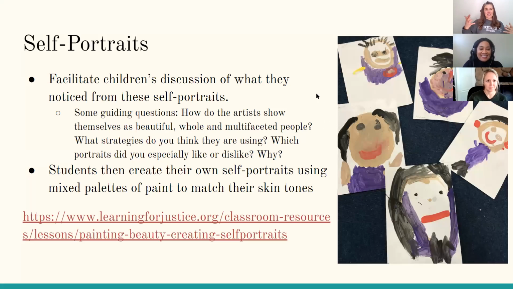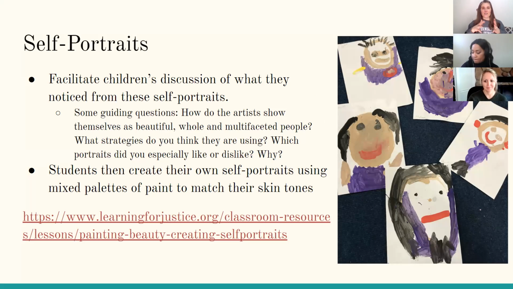Once the kids are looking at these, which portraits did you like or didn't like? How did the artist look at themselves and then portray themselves in this portrait? After doing that, the kids can create their own self-portraits.